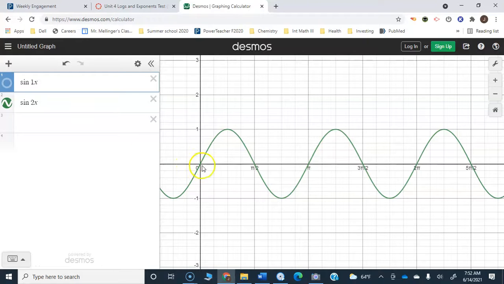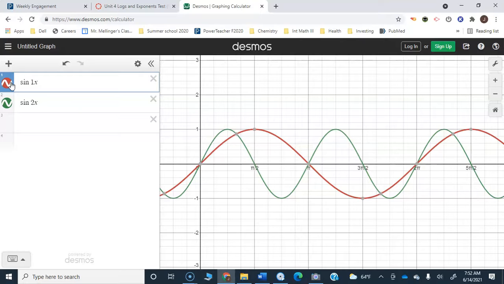So again, 2x is going to be up, down, up, that's one cycle at pi, up, down, up, that's 2 cycles at 2 pi. So sine 2x is going to do 2 full cycles between 0 and 2 pi. Sine of x is just going to do 1 cycle between 0 and 2 pi.